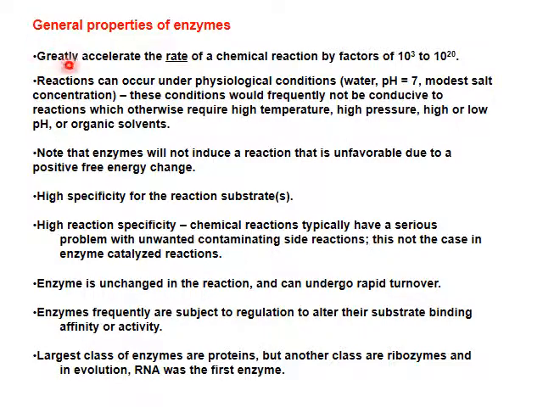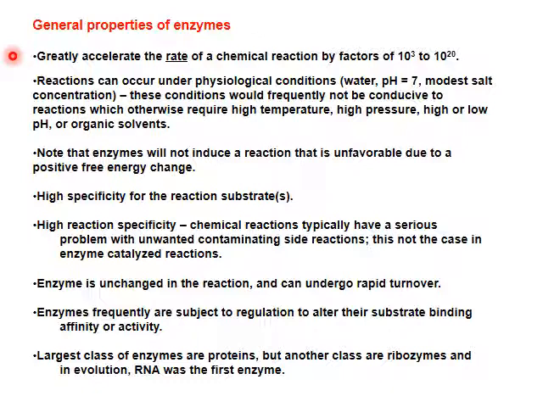When we look at the general properties of an enzyme, we're talking about a folded protein. It could be a monomer, a dimer, a hexamer, it could be very complex. It just depends on the enzyme. The purpose of the enzyme is to increase the rate of a chemical reaction, and they do so by factors that range from 10 to the third to 10 to the 20th.